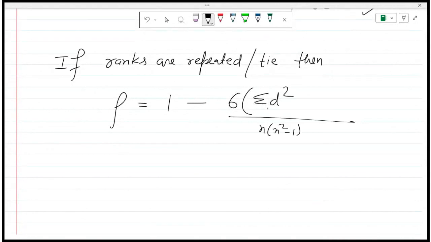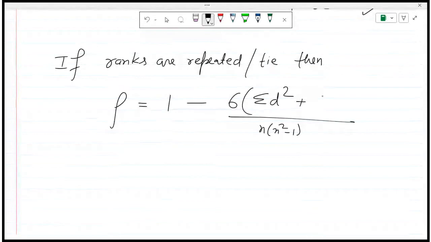So you see all this is same. Only a new thing will be there. What is the new thing? That is the sum of m into m square minus 1 divided by 12. This is called the correction factor.